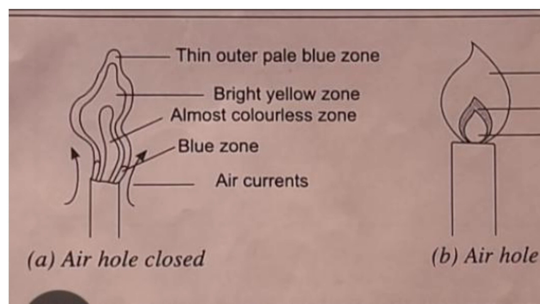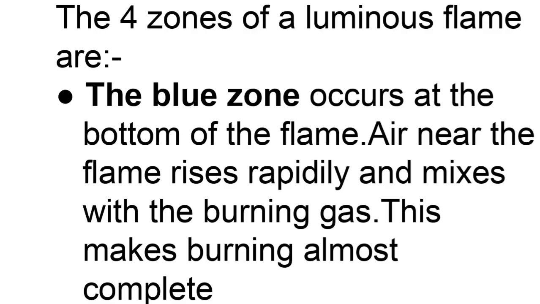Now, let's begin by discussing each of these zones and what makes it have that specific color. And we start with the blue zone. Looking at the position of the blue zone on that diagram, it is at the bottom of the flame.